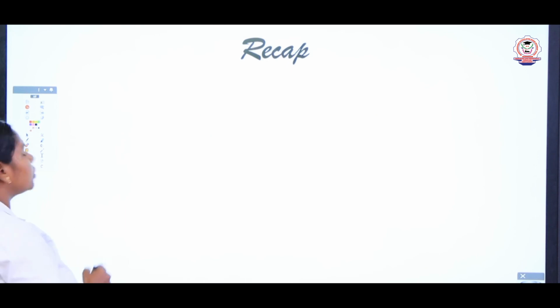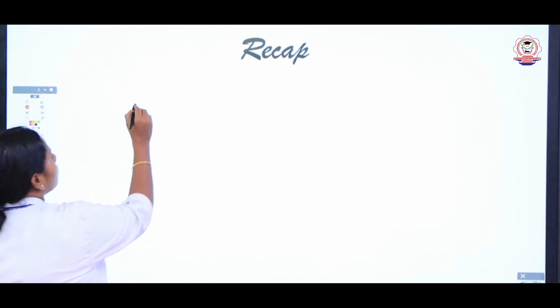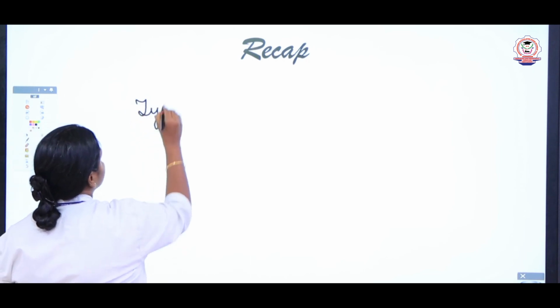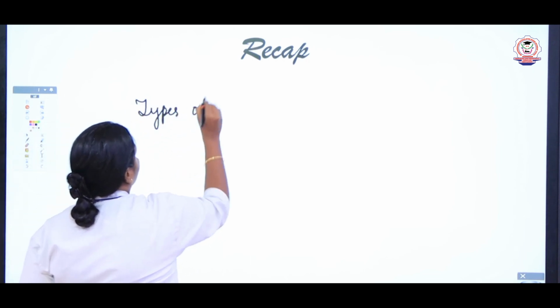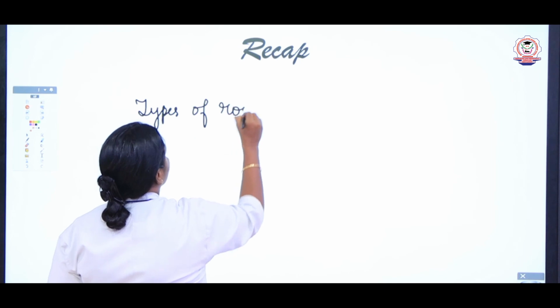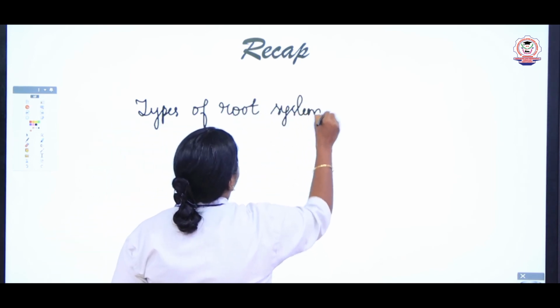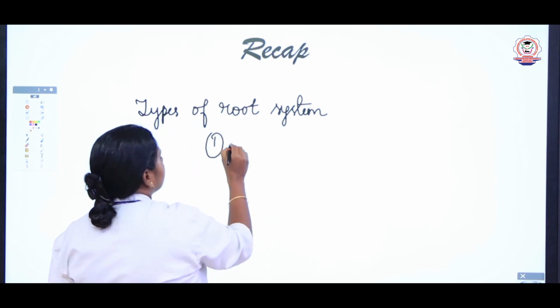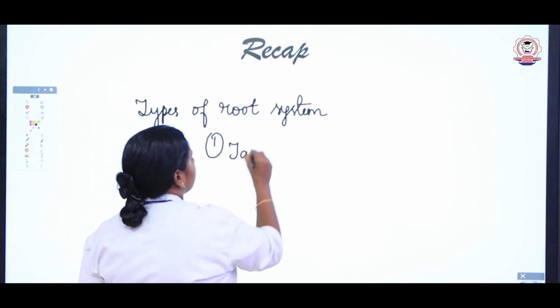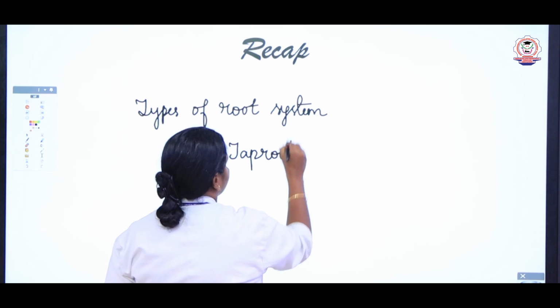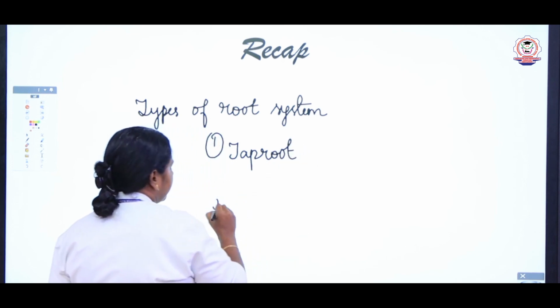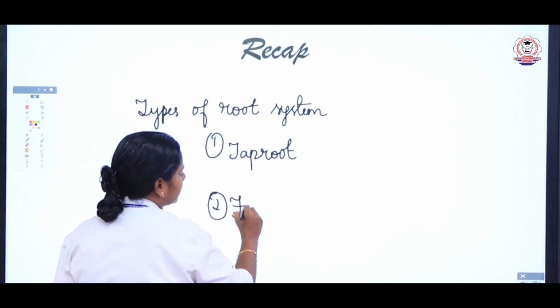Let us recap what we discussed in this chapter, children. First we discussed the types of root system. The first one is the taproot system, and the second one is the fibrous root system.